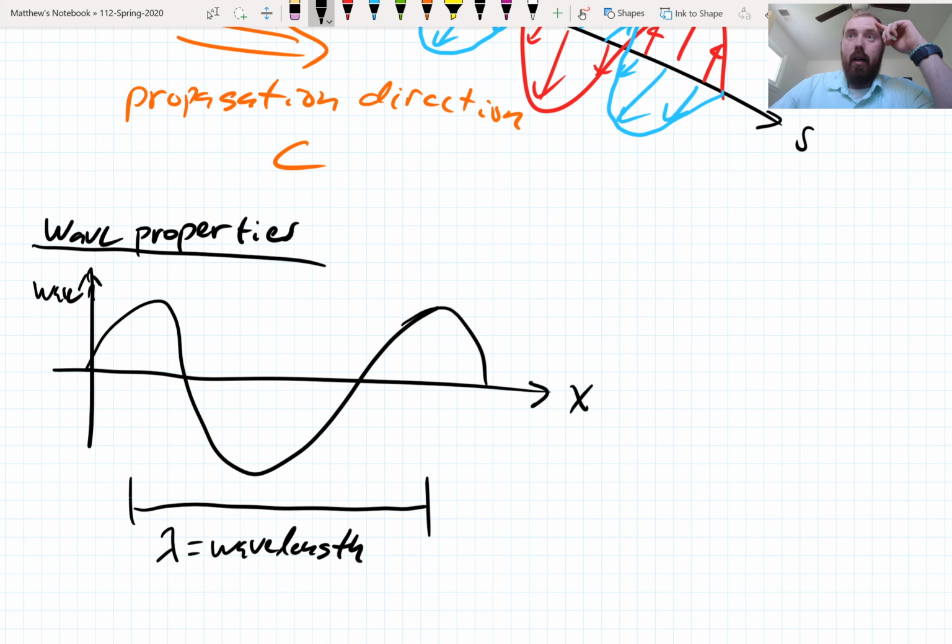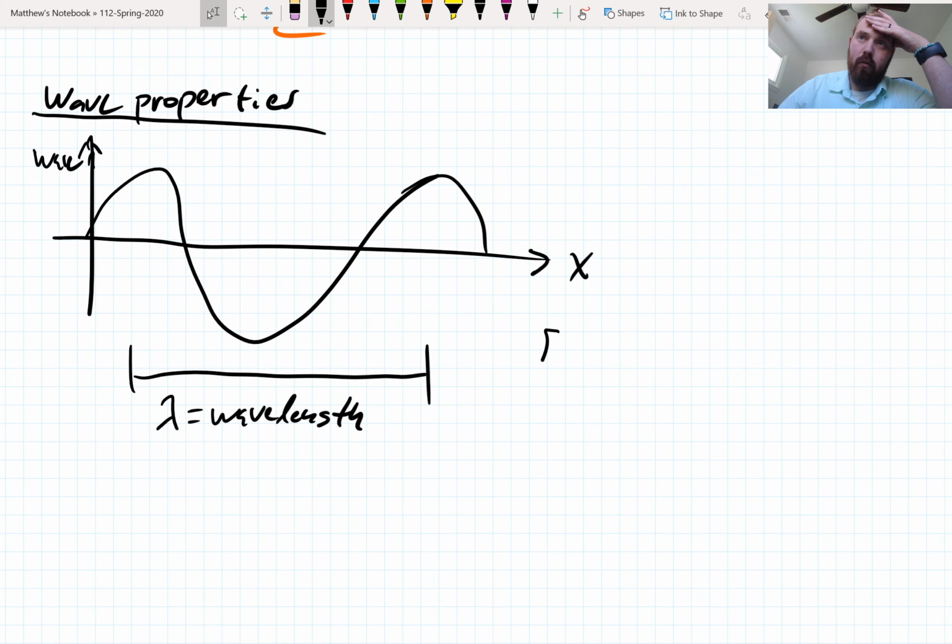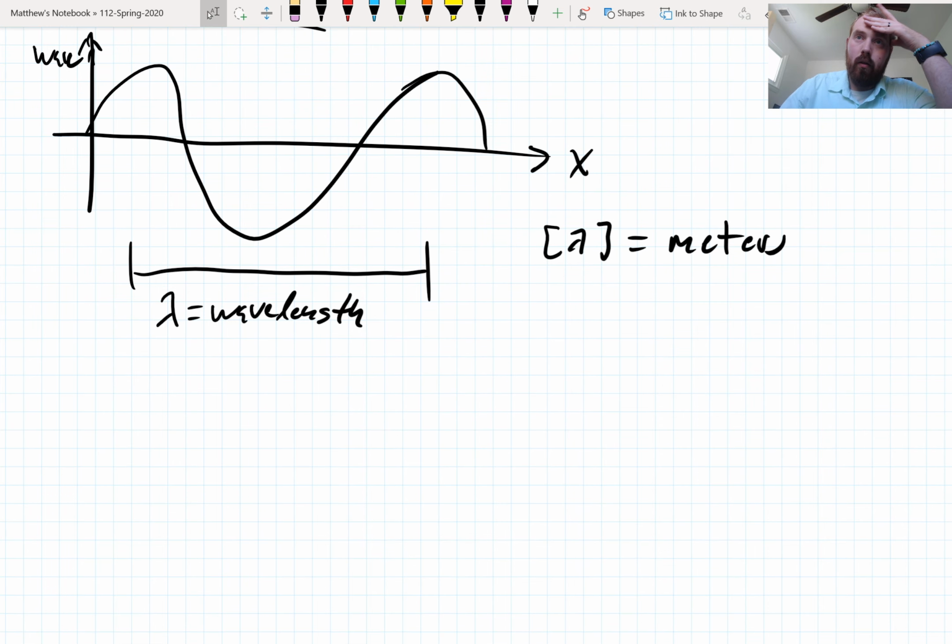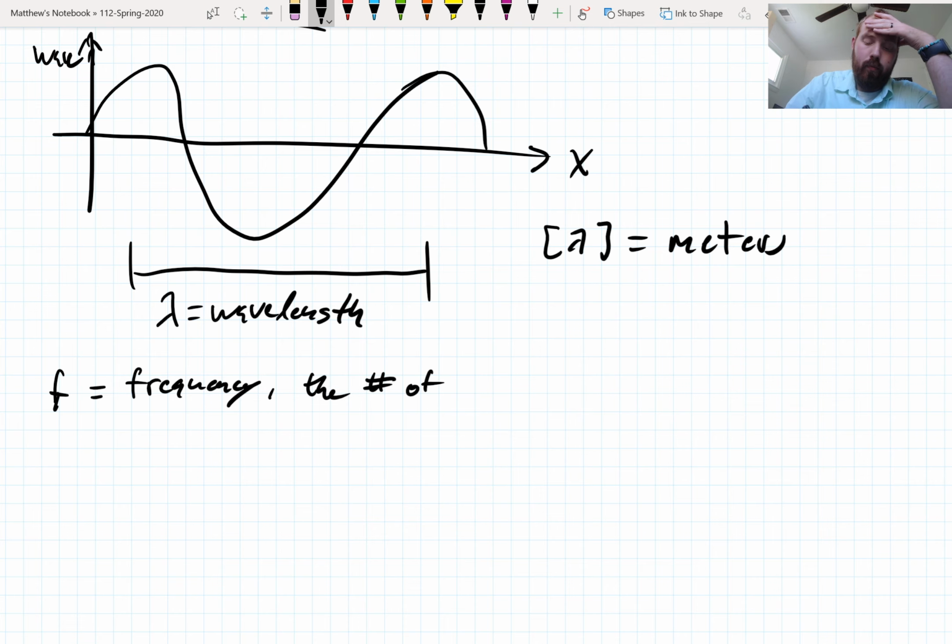That's the wavelength. The wavelength itself is measured in meters. It's a distance measurement. We also have the frequency, how frequently it bounces up and down. Frequency is the number of oscillations per second.